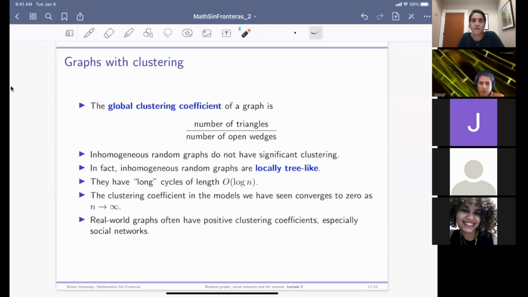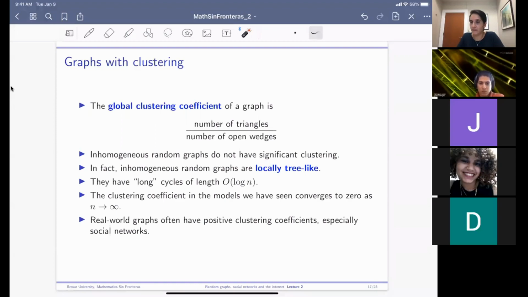If we have 3 people on Facebook, A, B, and C, A is friends with B, B is friends with C, how likely is it that A and C are also friends? In social networks, chances are if 2 of them are friends with the third, the other 2 are also friends. That is part of human behavior.